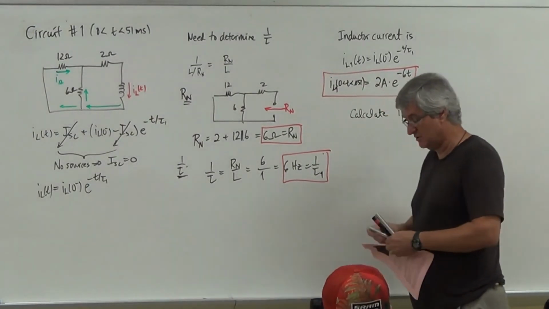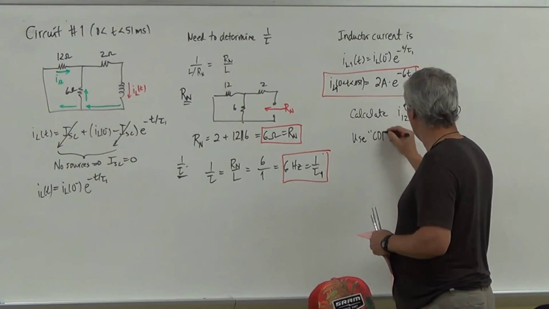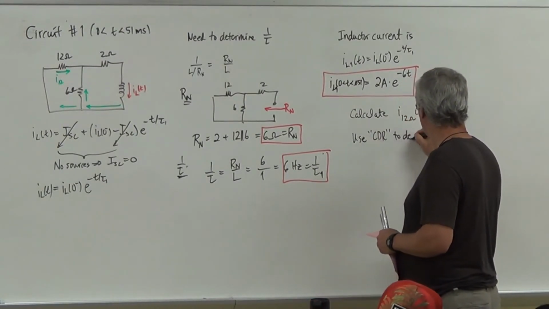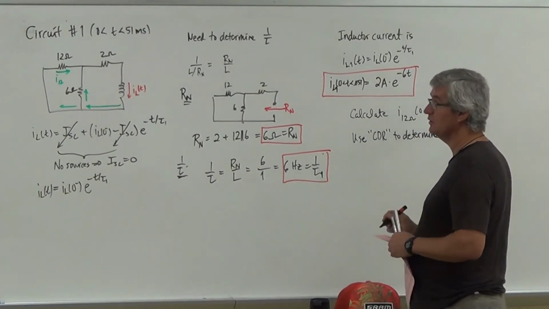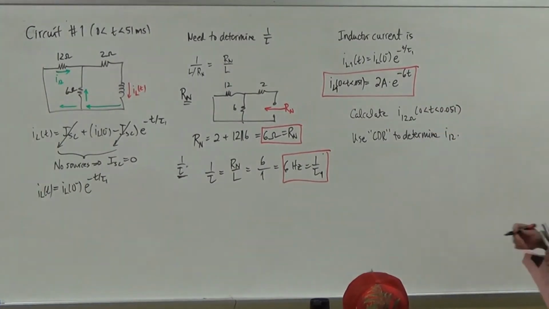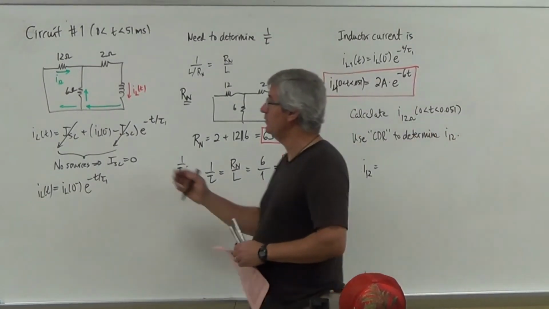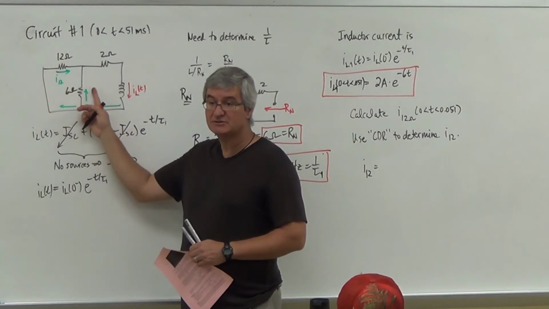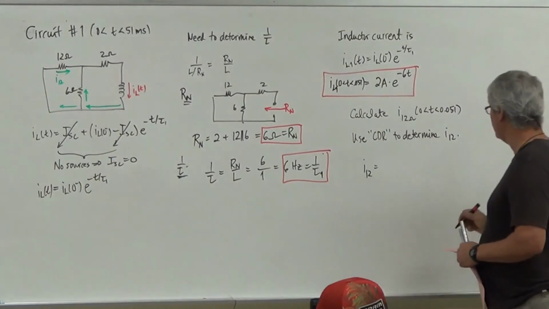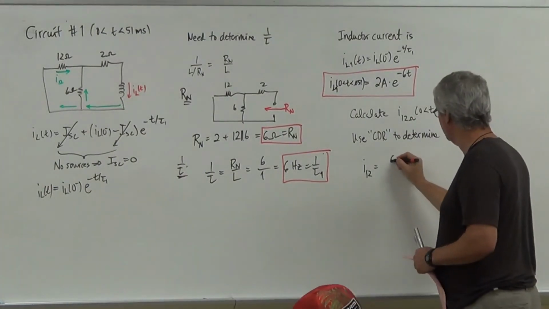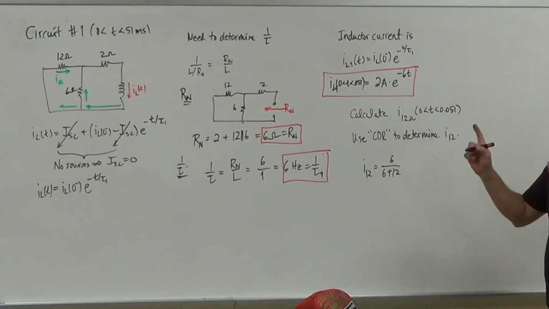So when I look at this here, I'm going to use CDR to determine I12. So here we go. I12, according to this, should be what? The opposite resistor divided by the sum. In this case, it's going to be 6 divided by the sum, times the current source.